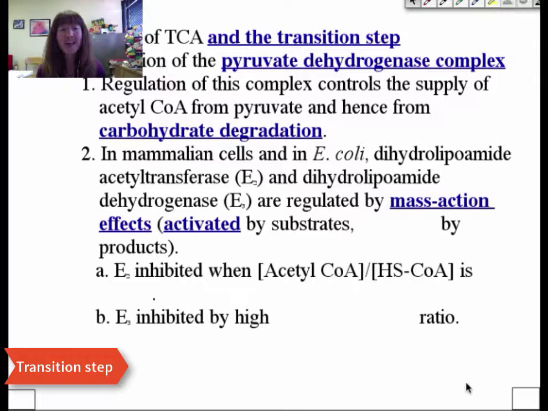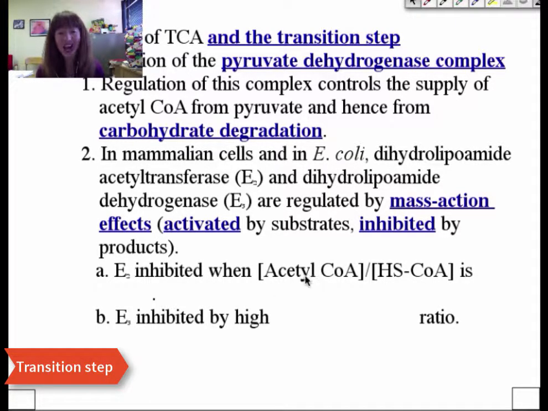So we recognize then that the substrates will activate and the products will inhibit. So E2, namely the dihydrolipoamide acetyltransferase, is going to be inhibited when acetyl-CoA as compared to coenzyme A is high. Remembering back, acetyl-CoA is a product, so it will inhibit.